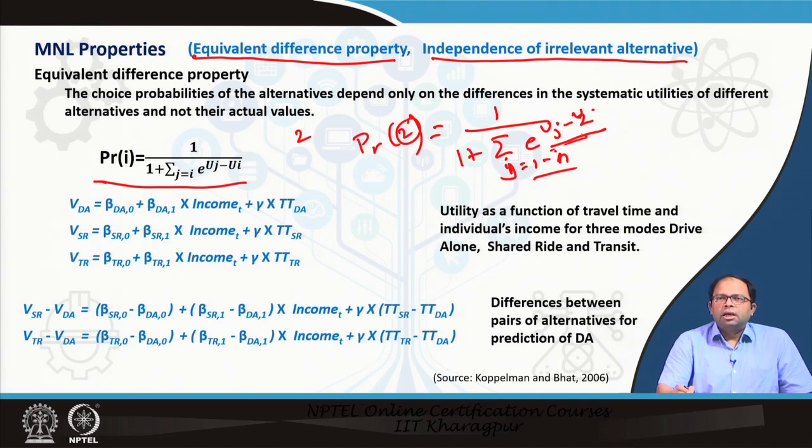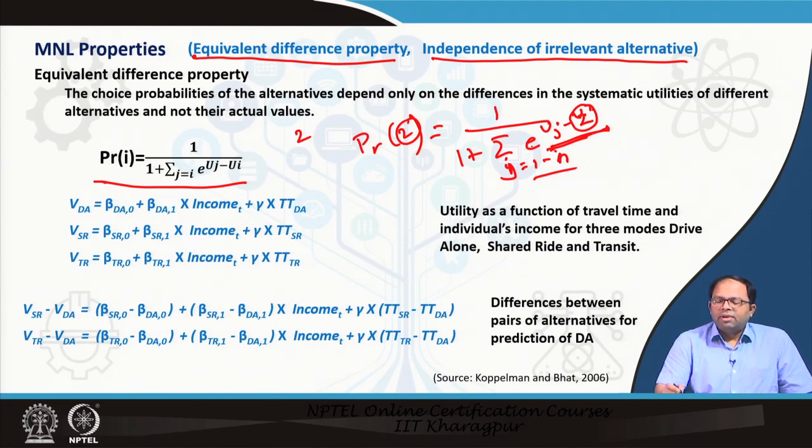So, basically what it means is that if I choose one category as a reference category, the difference between this category and all other categories is the one that we are considering. Whenever we are developing a multinomial logit model, we always determine the probability of one mode in reference to another mode.